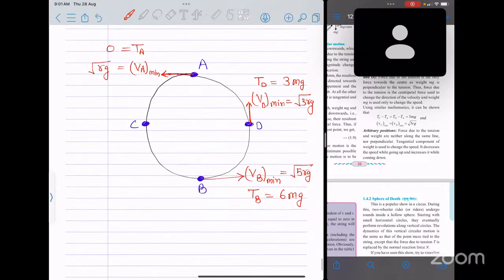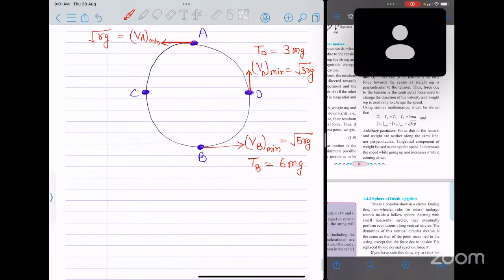Similarly at point C, VC minimum is root 3 Rg and TC is 3 mg. Understood or any doubt?